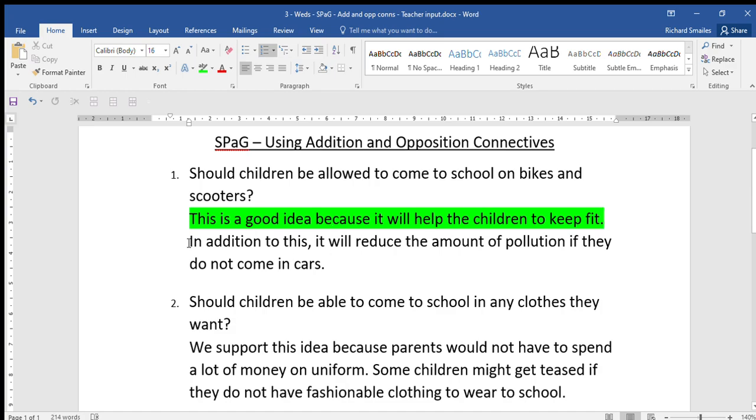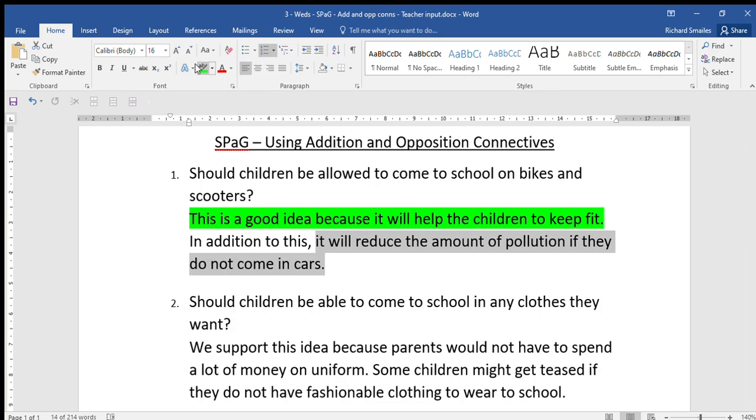Second sentence. We've got the addition connective already there for us: in addition to this. So that is saying, as well as that, here's another reason why it's a good idea to do it. And the second reason is that if children are on bikes and scooters, then they won't be in cars, so therefore it will reduce pollution.